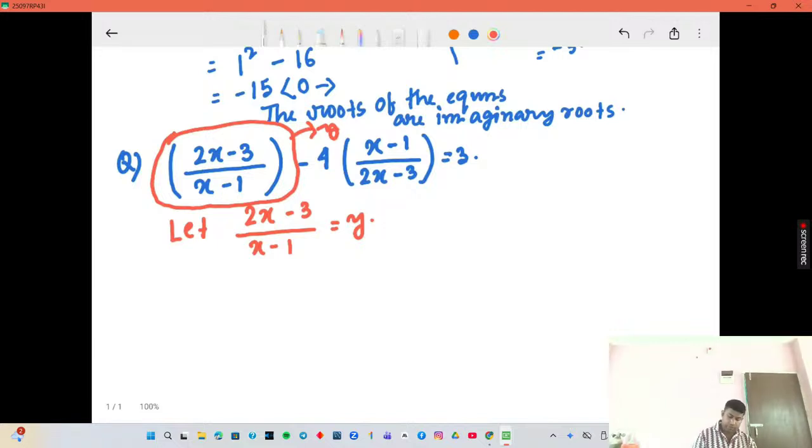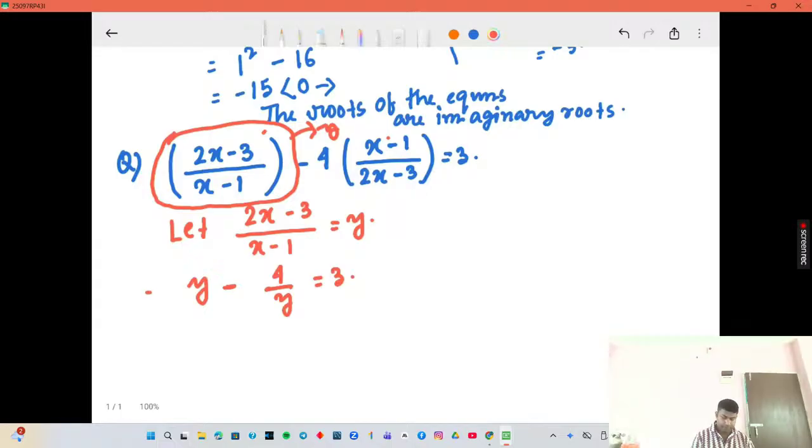So now it will be y minus 4 by y is equal to 3. So you can see that this is the inverse of this one.